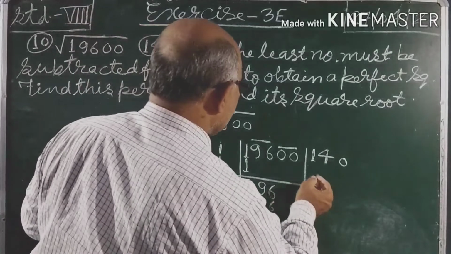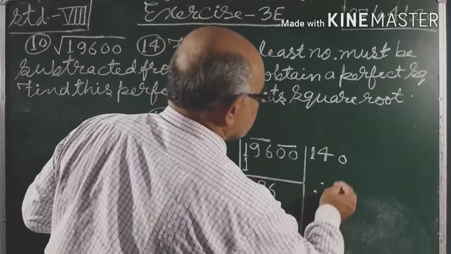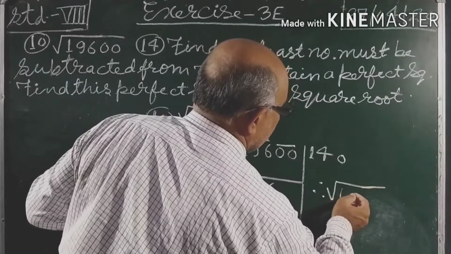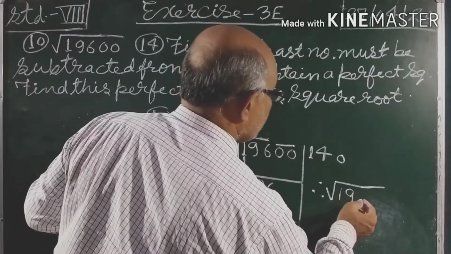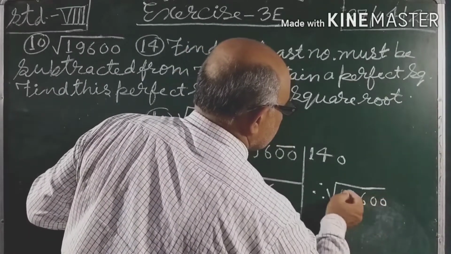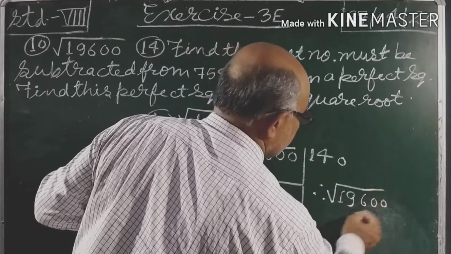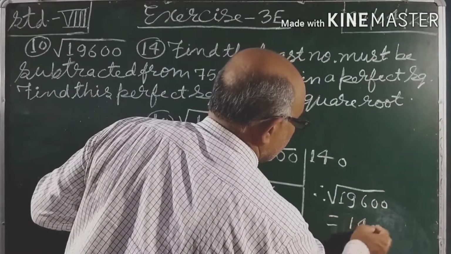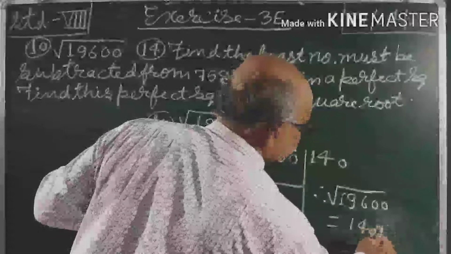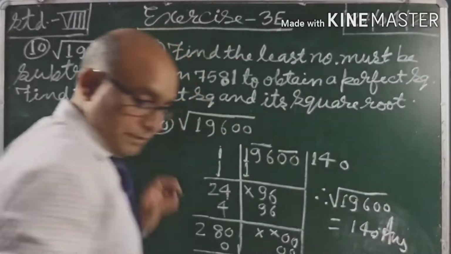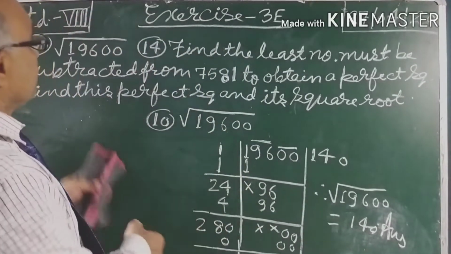Cancel it. Therefore, under root 19,600 is equal to 140. Answer. And write this question.